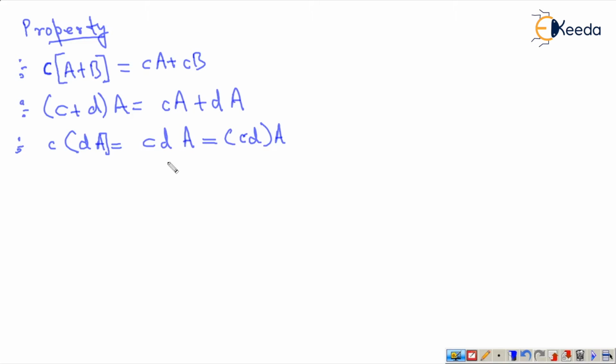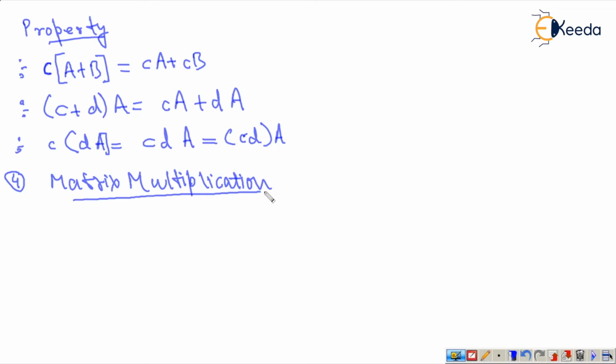The fourth one is matrix multiplication. Let's say there's a multiplication C equal to A B. C is also a matrix, A and B are also matrices.